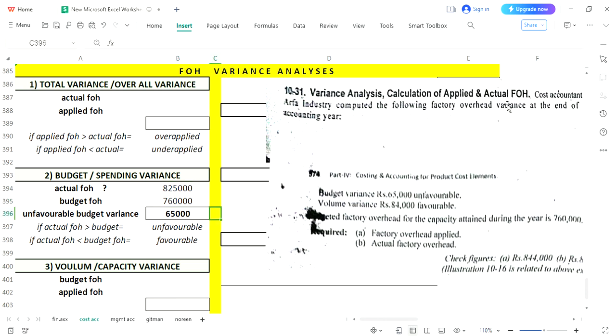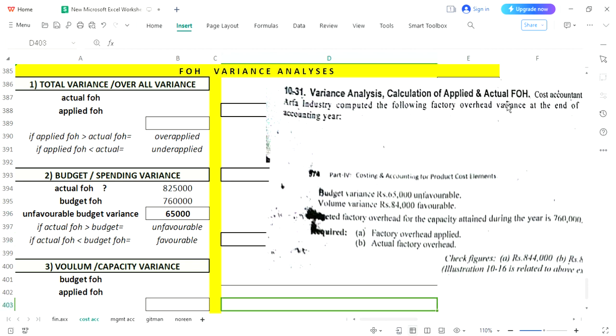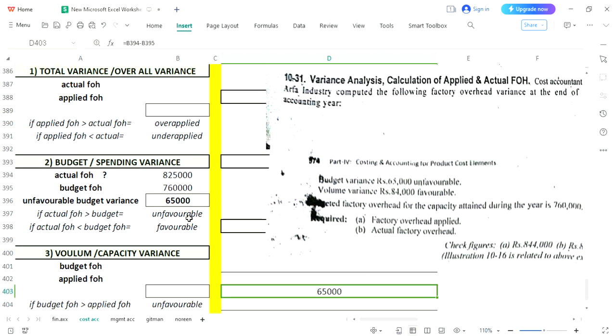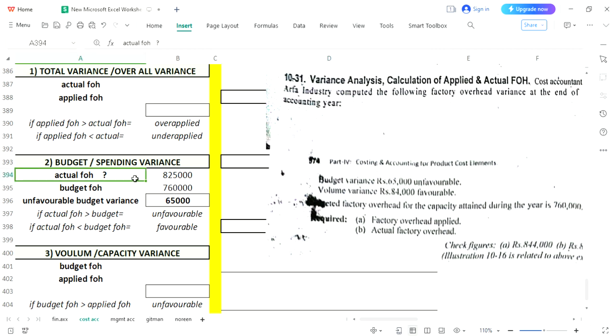Now let's see if you want to calculate over here. I would let you know what is happening. You have 8,25,000 and when you subtract 7,60,000, it must be equal to 65,000. So here you have calculated and the answer has become 65,000. This missing figure we have calculated indirectly, though it was not present in your question.